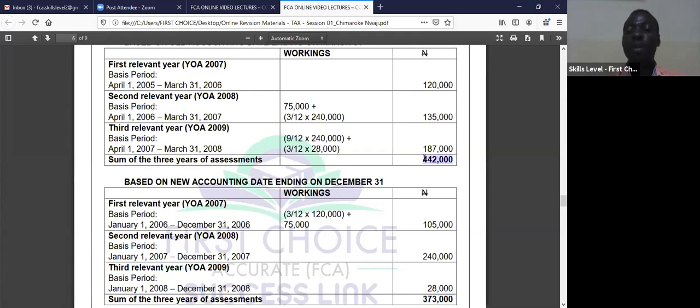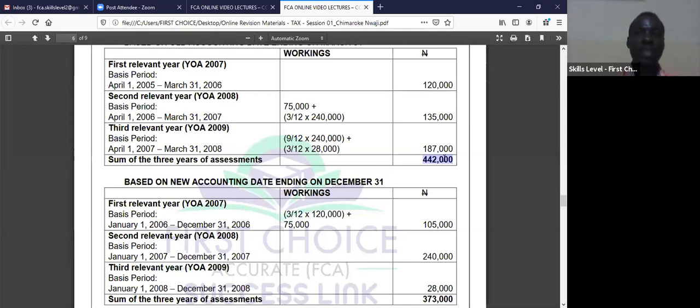They'll say, okay, though you've opted for change, but for these 3 relevant years, we are taking this 442. After these 3 years, anything you bring on the old accounting date, on the new accounting date, we'll be taking it like that. Now, this shows you that you cannot change your account date when you are commencing business.